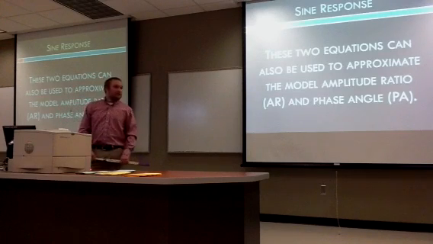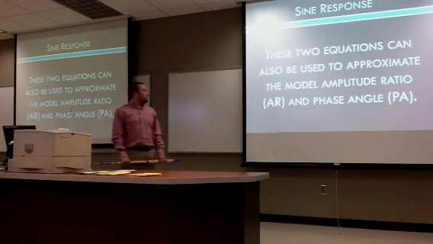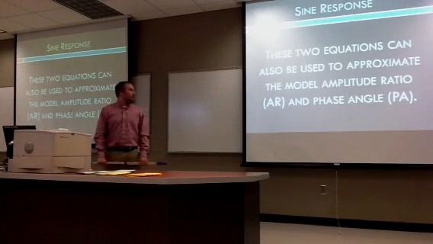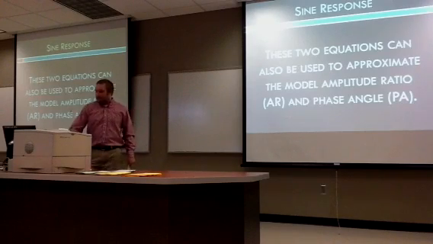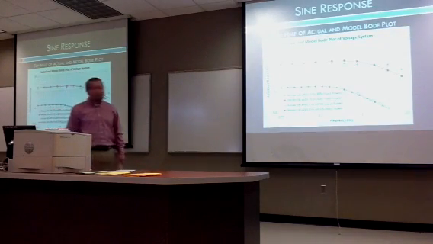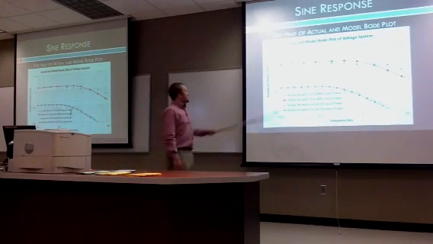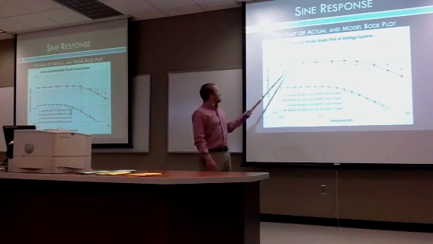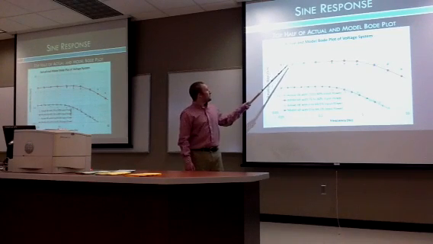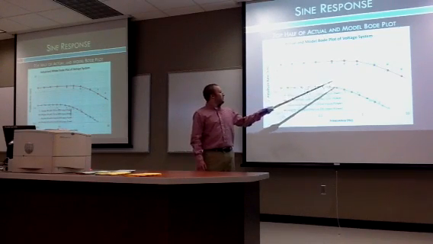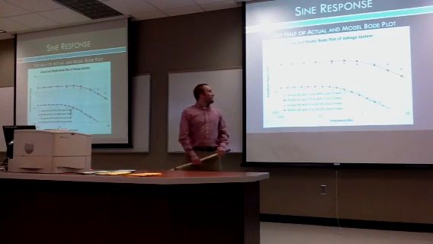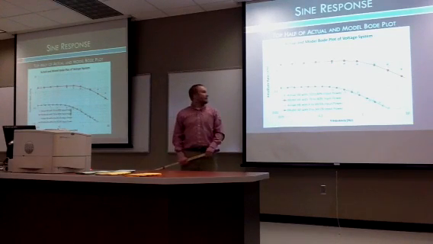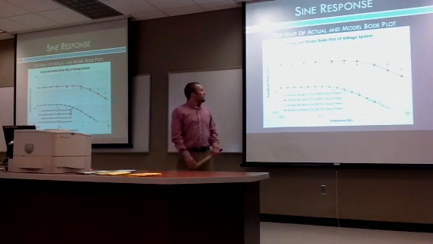And those two equations we use there are also used to approximate the model amplitude ratio and the phase angle, which you see here. The top here, the red is the model amplitude ratio over frequency with an input power of 70 to 80%. The blue is the actual amplitude ratio.